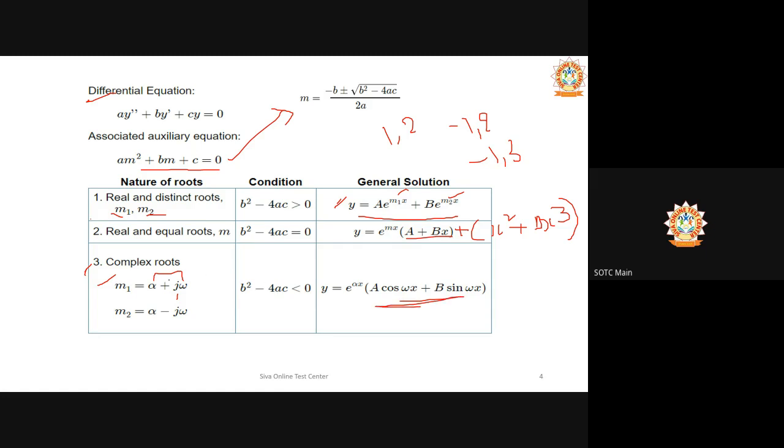Here omega is the imaginary part. In both cases alpha and omega are there. Here definitely you will get m1 and m2 as a conjugate pair because of complex numbers. When you solve for m, plus or minus comes, plus in one case and minus in the other, when complex numbers exist, right? So it is very simple, and a question will definitely come.